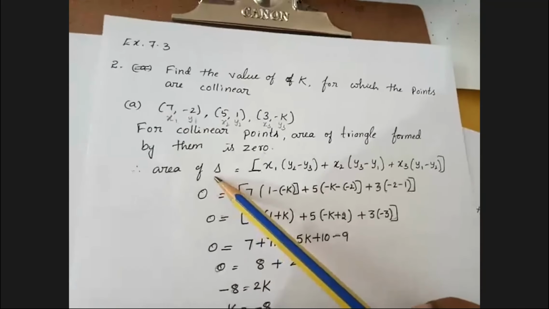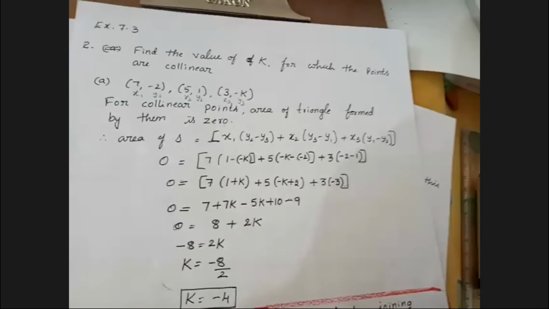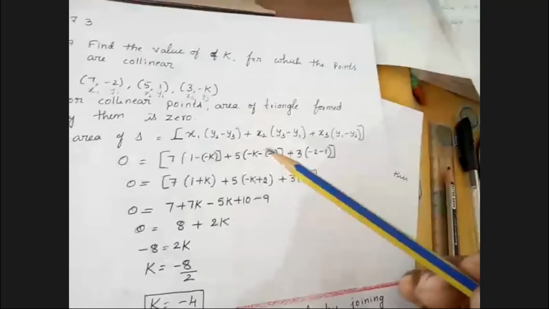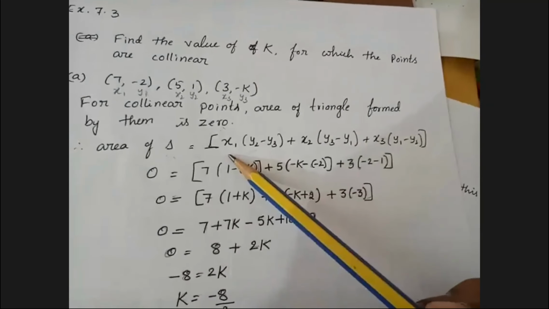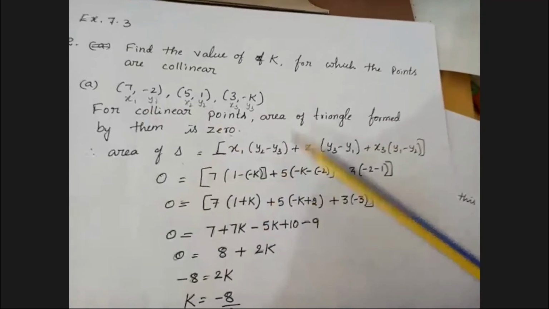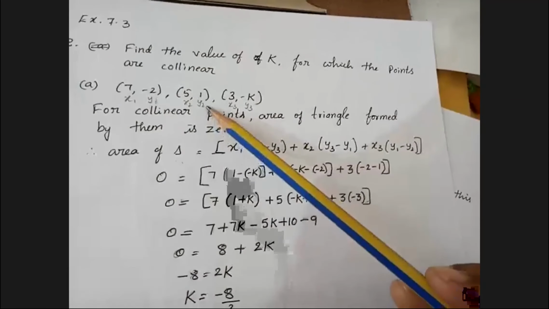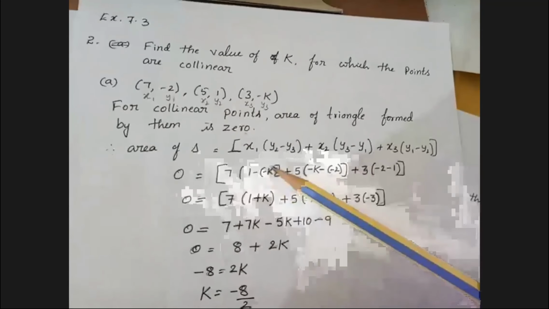When the area is 0, I'm writing the formula which I explained just now, the collinearity of 3 vertices. I just applied the values. x1 is 7 and y2 minus y3: y2 is 1 minus y3, which is minus k, so it is minus of minus k.